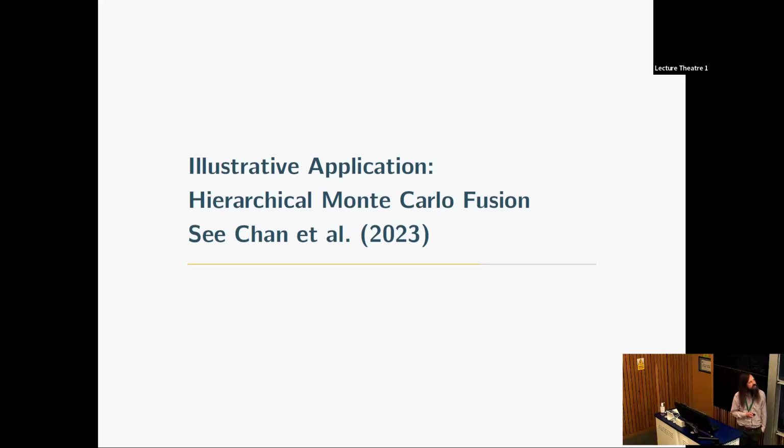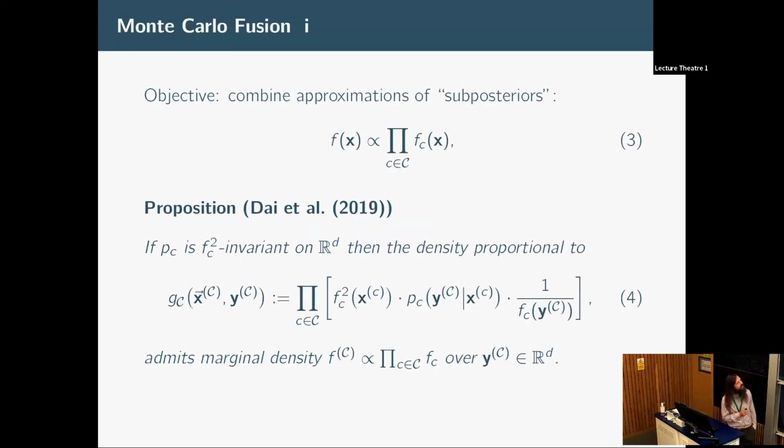This is really from Ryan Chan's PhD, and also involved Gareth Roberts and Murray Pollock. It's another contribution to this sequence of papers that Gareth and Murray have on combining inference from multiple sub-posteriors. So the objective here is to sample from or approximate f if it can be expressed as a product over a collection of f_c's.